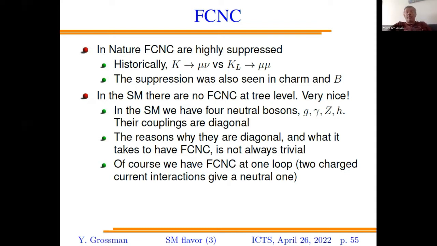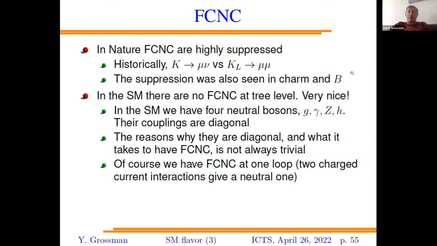And now we've seen that flavor changing neutral currents are suppressed in charm and B decays. In particular, in charm, we see none. There's no flavor changing neutral current that has been observed in charm decay, a very strong statement. In B physics, we measure many of them, but all of them are very small.